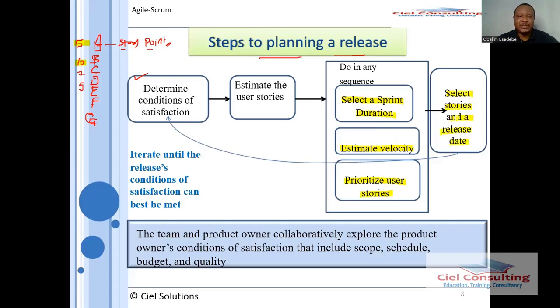So you select user stories that have to be implemented in order to enable us go live. That's essentially what this means. And then also the date that we're going to go live. That's what we refer to as the release date. So once you do finish this, you also go back and begin to iterate again. In other words, planning for your next release as the case may be. So iterate until the release conditions of satisfaction can best be met.